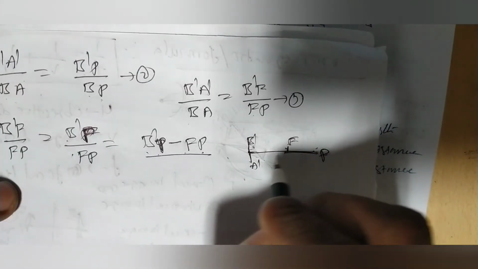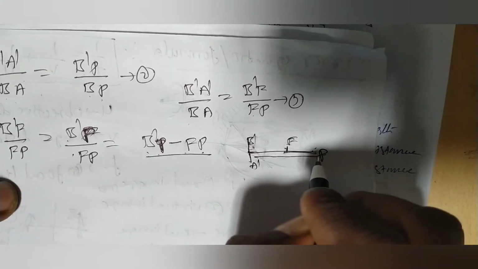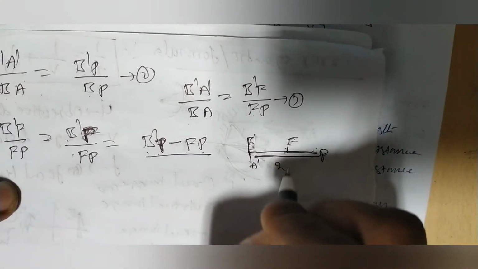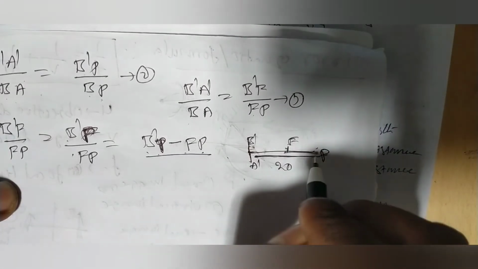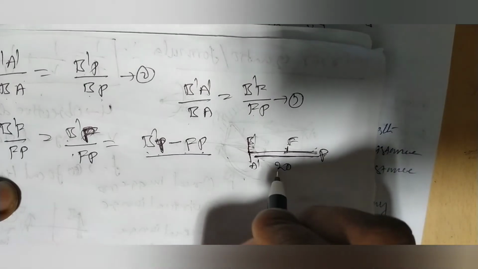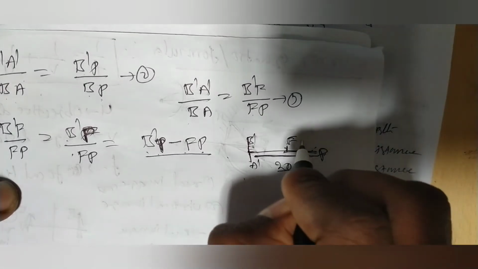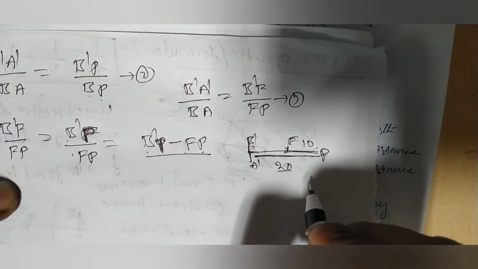Okay, see here, suppose the total distance is 20 centimeter, that is b dash to p dash is 20 centimeter. Suppose this is 10 centimeter.